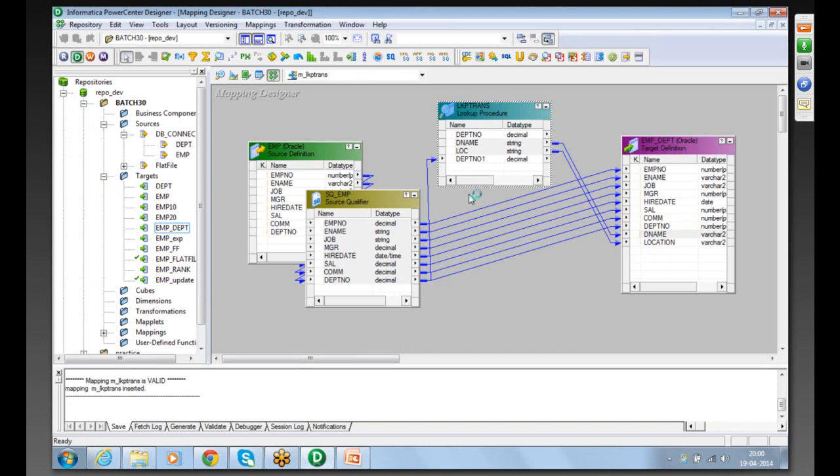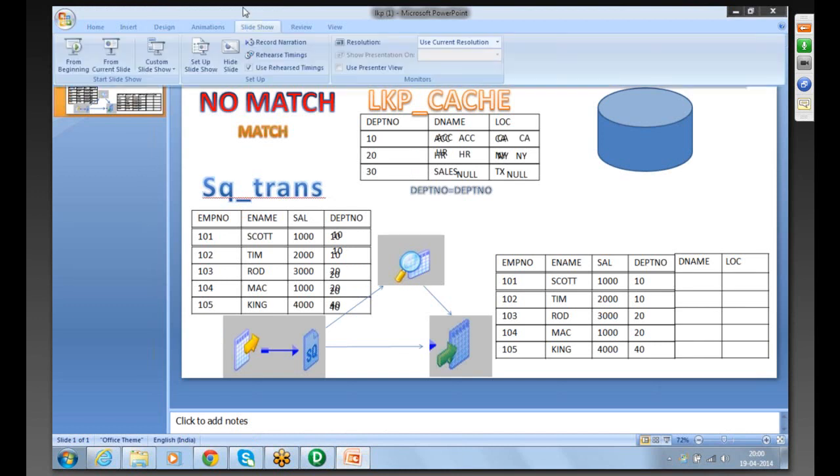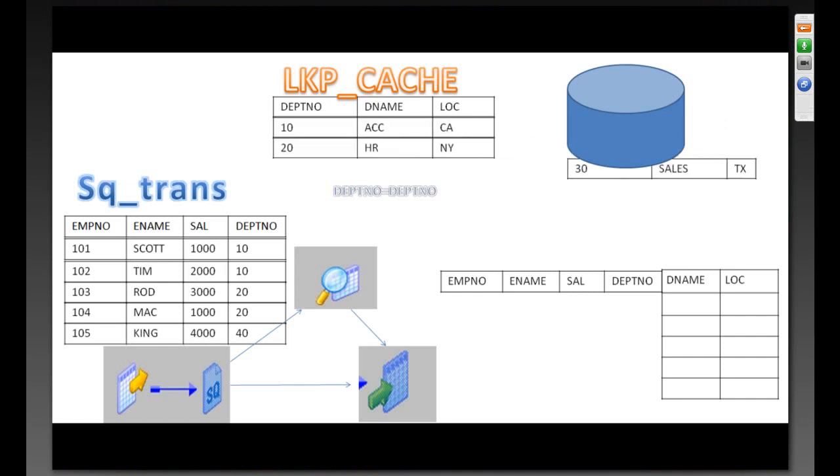So let's try to see how this lookup transformation is internally going to work. When the transformation starts, the lookup transformation first will retrieve the data from the lookup table.